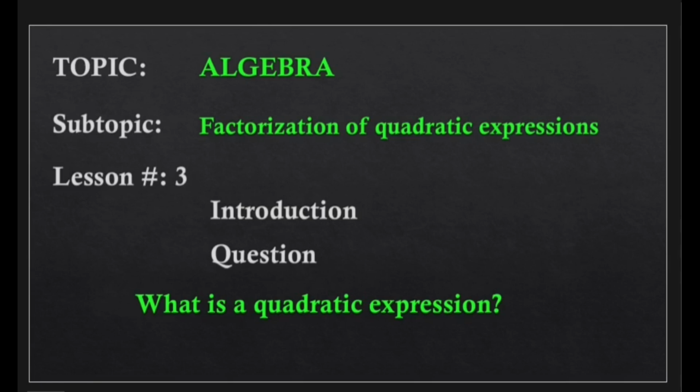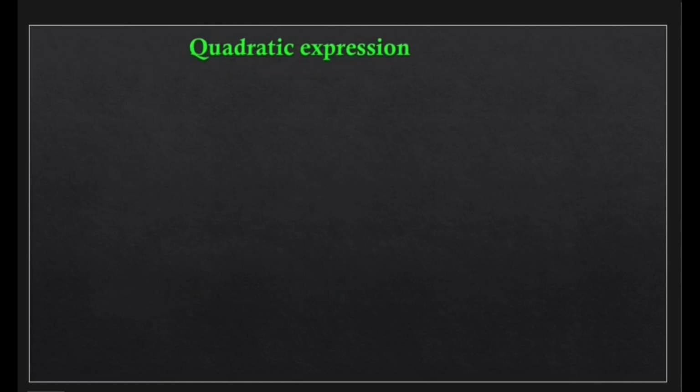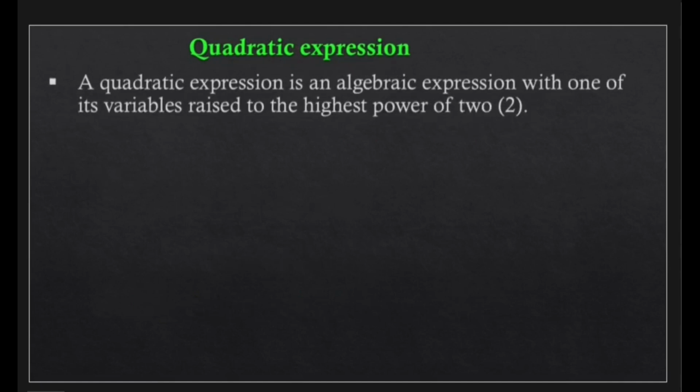Before we even look at the factorization of quadratic expressions, we need to know what a quadratic expression is. So before wasting much of your time, let's look at it. A quadratic expression is an algebraic expression with one of its variables raised to the highest power of 2.